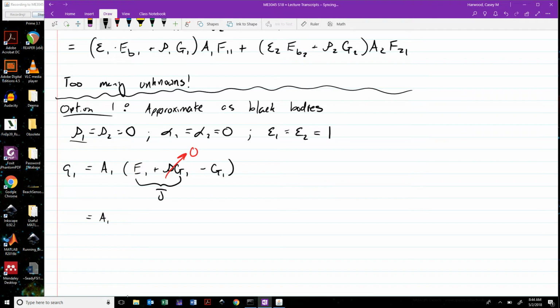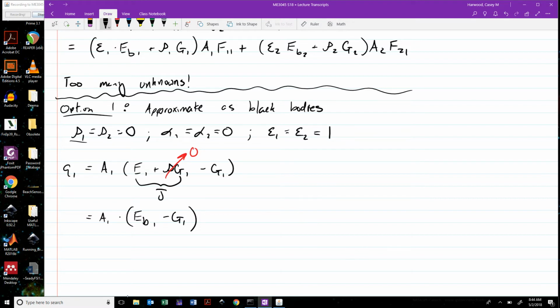We would say this is equal to A1 times EB1 minus G1. I've added this EB1 because the implication here is that the emissivity, if it's a black body, is just equal to the black body emissive power. So I'm implicitly invoking this relationship right here.